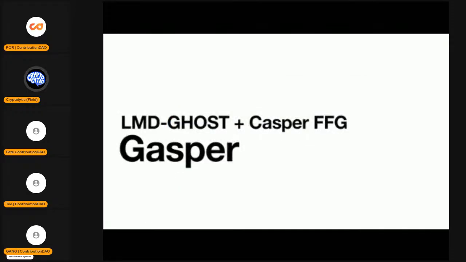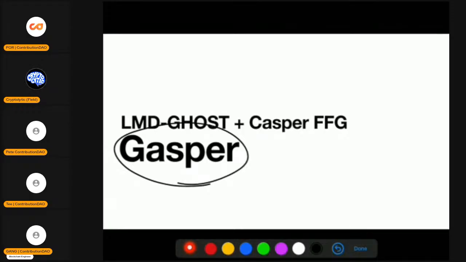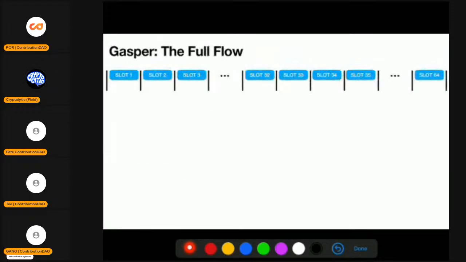So finally, we are going to combine the LMD Ghost and the Casper FFG together, and then see the full flow of Casper.